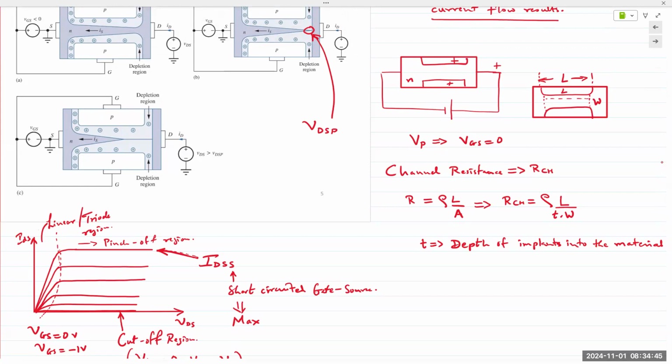And so you'd have a pinch-off VDSP value for every value of VGS. And that is what is illustrated on this graph right here. Those are the pinch-off values of VDS for every negative value of VGS.